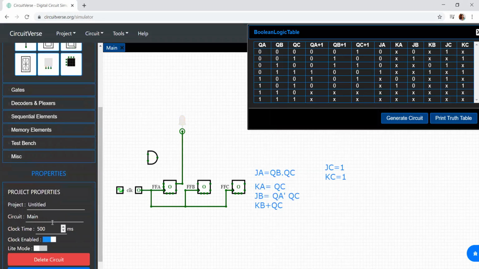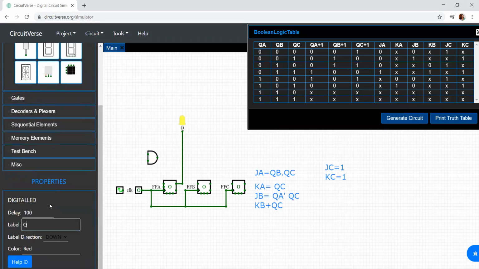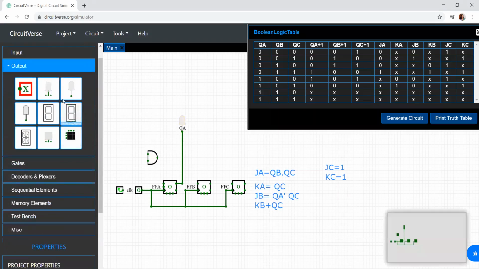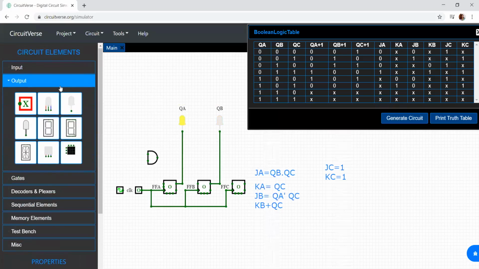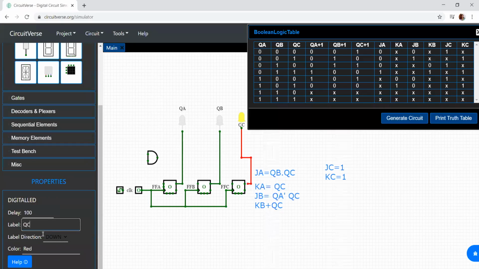Next, let me label QB. This is QB for us. And I have another output, which I label as QC.